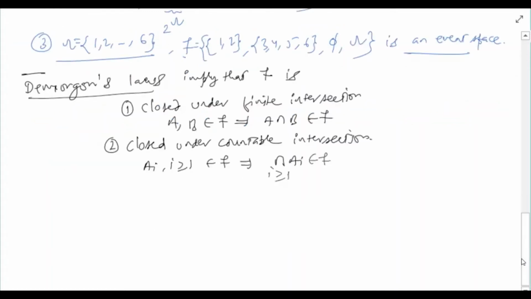The next notion is that of events. Elements of event space are called events. Elements of F are called events.